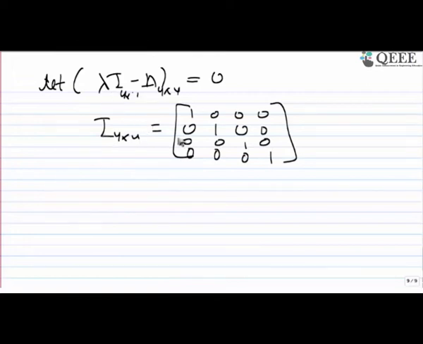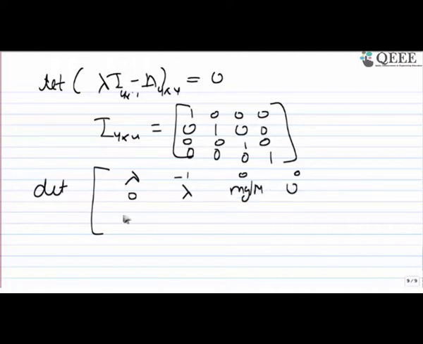This is my identity matrix. If I put this I and A from the last page here, this would give me the determinant of lambda minus 1 0 0, 0 lambda and g by l, 0.